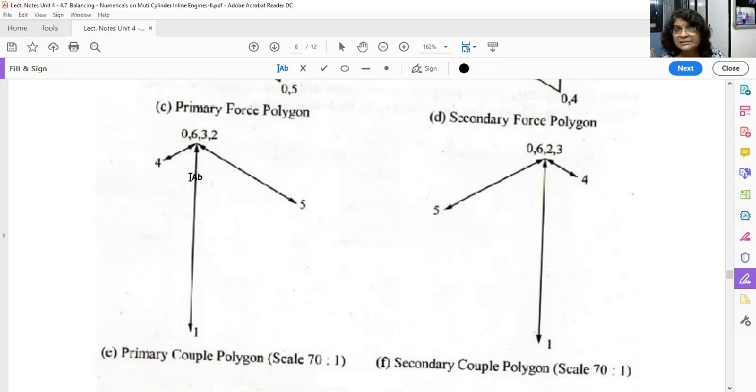These are lines, but as your initial point and final point are the same, it is called a closed polygon. Then the secondary polygon, starting from initial point O, O to 1, 1 to 2, 2 to 4, 4 to 3, 3 to 5, 5 to 6. Every time you come to the initial point, so this is also a closed polygon.